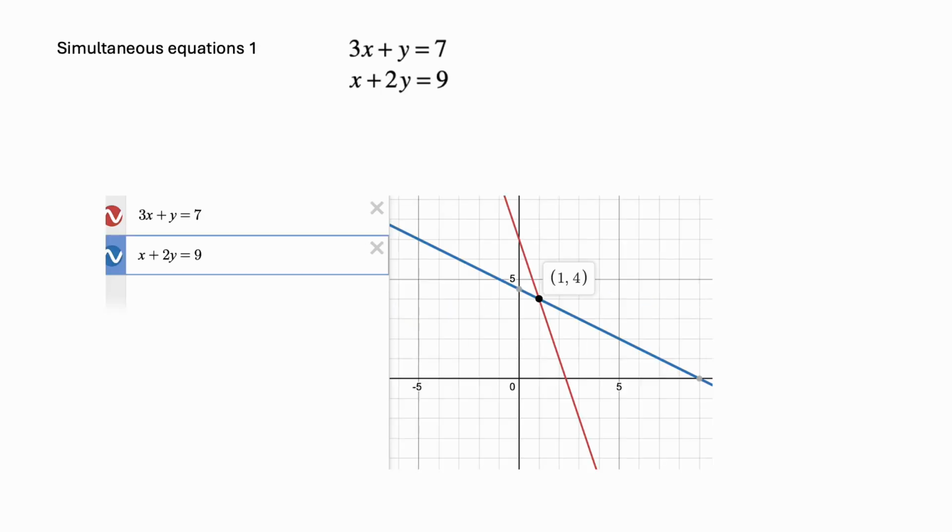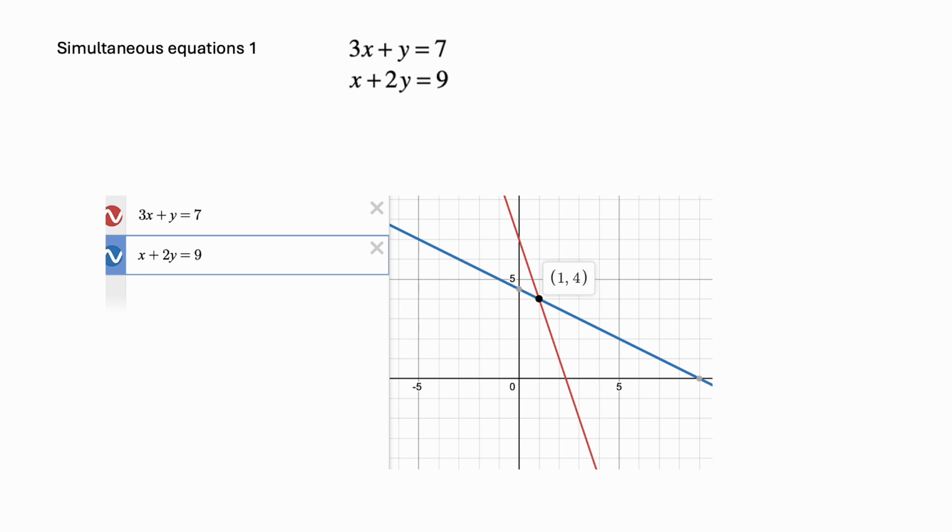Now I'm going to very quickly go through simultaneous equations because this is not the focus for this session and for this course. For Specialist Maths, we prefer to use 2x2 or 3x3 matrices to solve simultaneous equations.